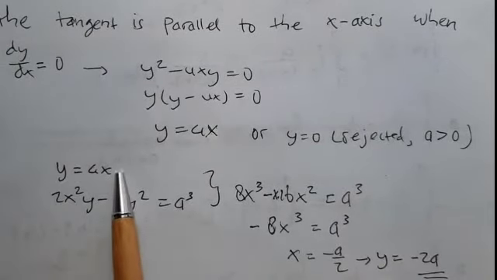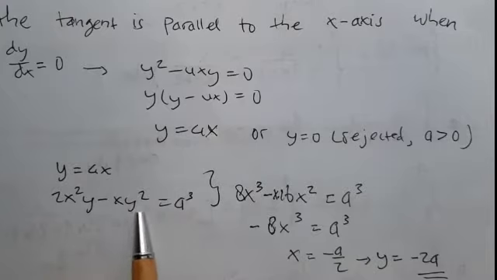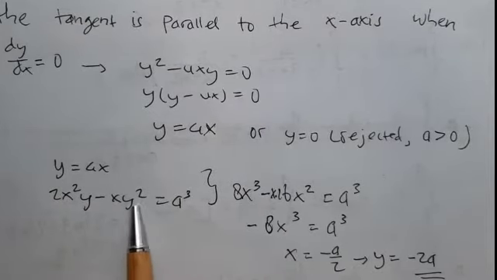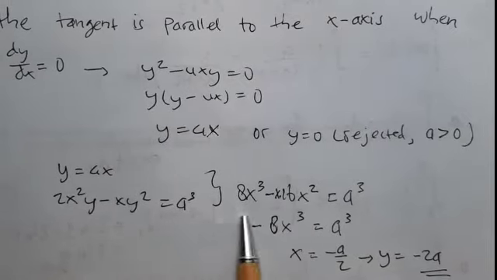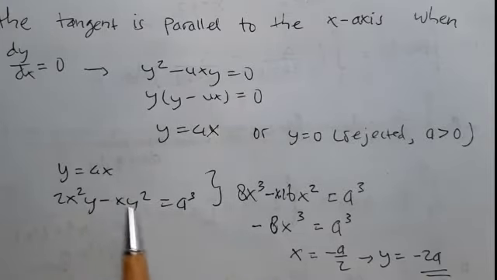Now y equals 4x, and the original equation 2x squared y minus xy squared equals a cubed. We solve for x and y, thus substitute y in here: 2x squared times 4x is 8x cubed, and x times (4x) squared because y squared here, that is x times 16x squared equals a cubed.